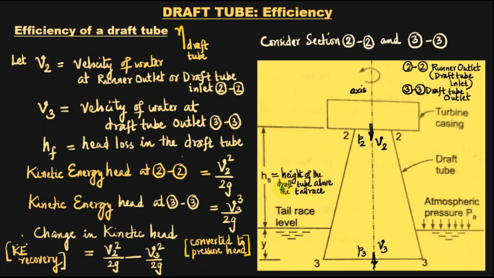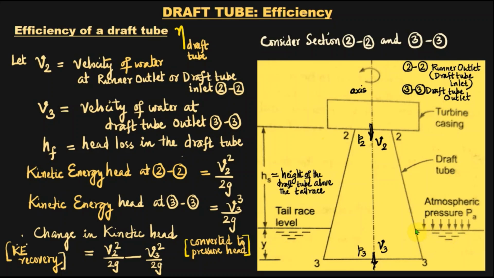The height of the draft tube above the tail race is indicated as h suffix s, and this is the tail race water level, and the portion of the draft tube below the tail race level is indicated by y. So the total height of the draft tube is h s plus y.